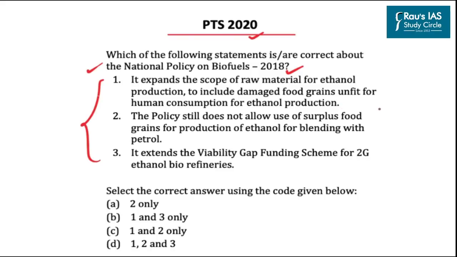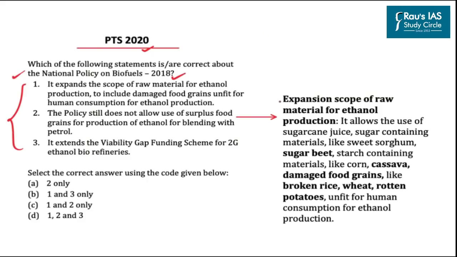In the explanation of the same question, we had clearly outlined the expanded scope of raw material for ethanol production, and we stated that the policy allows the use of sugarcane juice, sugar containing materials like sweet sorghum and sugar beet, starch containing materials like corn and cassava, and damaged food grains like broken rice and wheat, and rotten potatoes, which have been declared unfit for human consumption, for ethanol production.